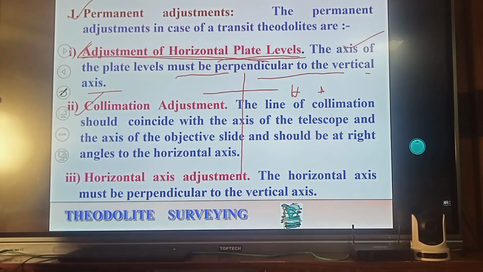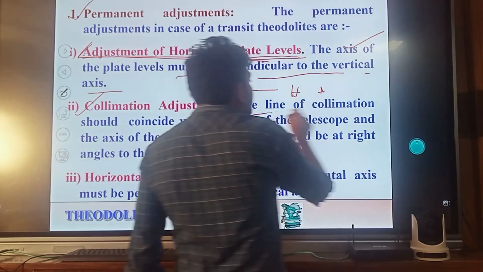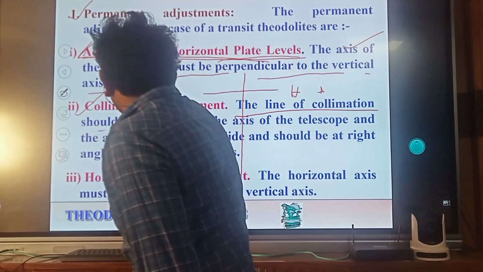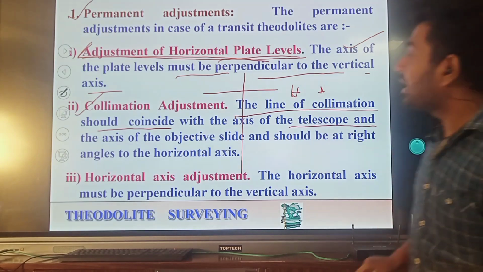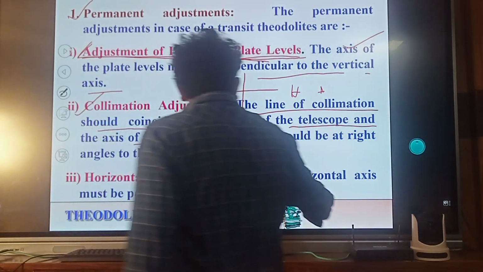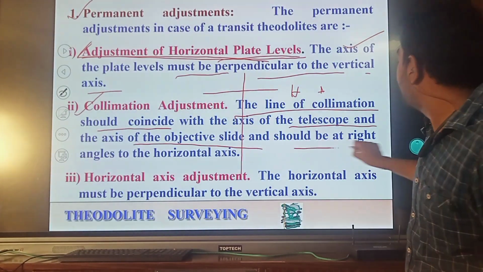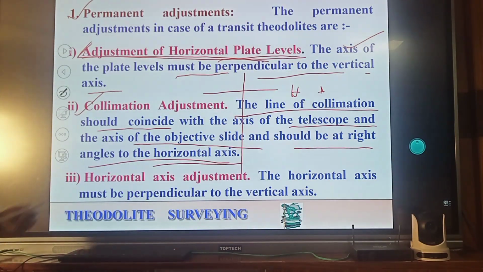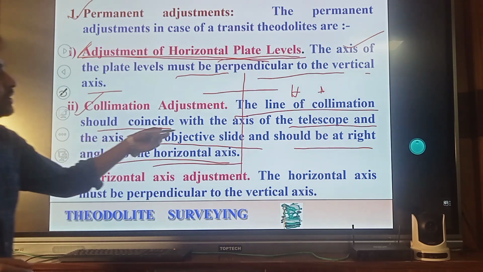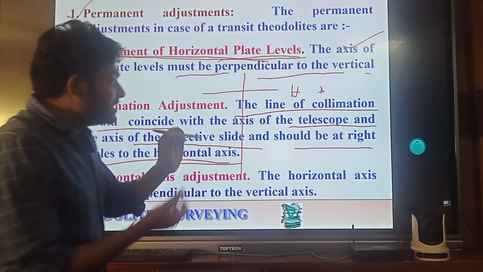The second is collimation adjustment. The line of collimation should coincide with the axis of the telescope and the axis of the objective slide, and should be at a right angle to the horizontal axis. Then next is the telescope axis.